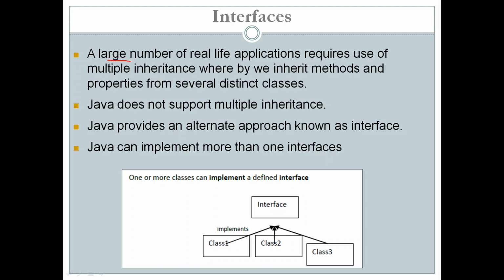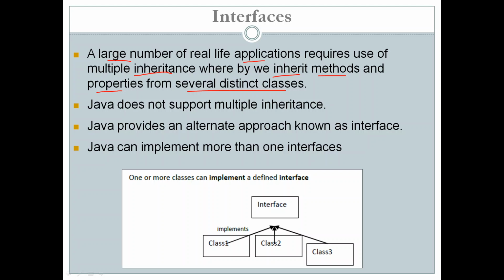A large number of real life applications require use of multiple inheritance, whereby we inherit methods and properties from several distinct classes. In many real life applications, we need to inherit from multiple different classes.